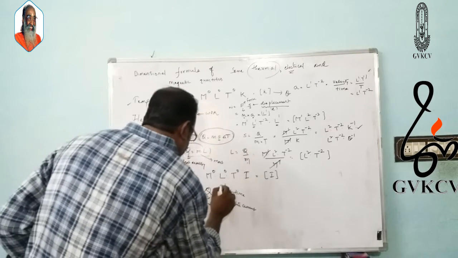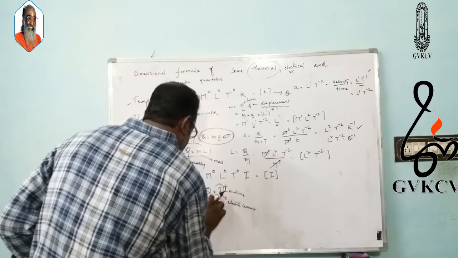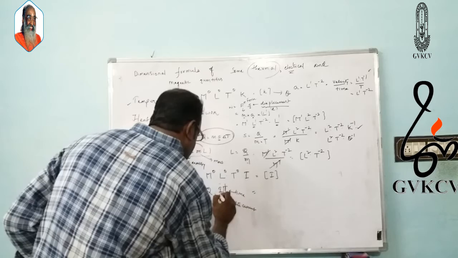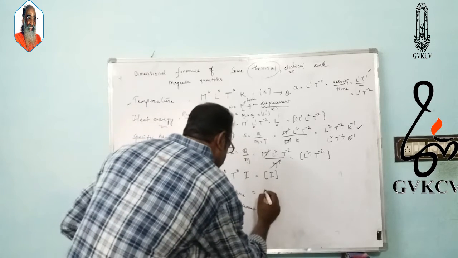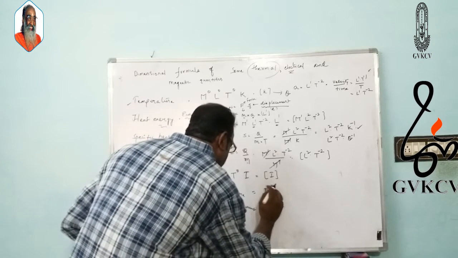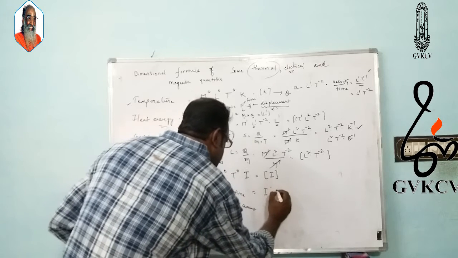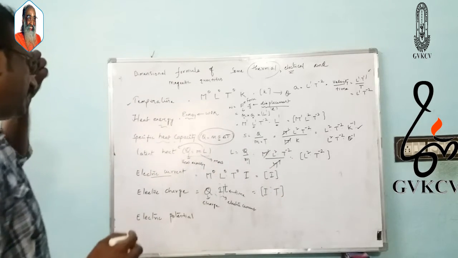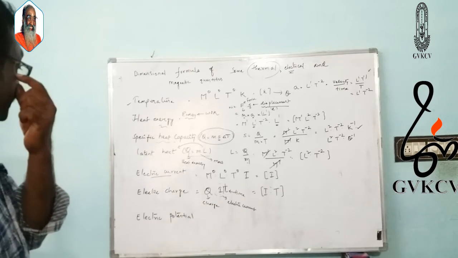So we want this Q here. Directly we can go like this. What are the dimensions of I? Electric current I itself, because it is a fundamental quantity. So I, and time is T. So this is the dimension formula for electric charge.